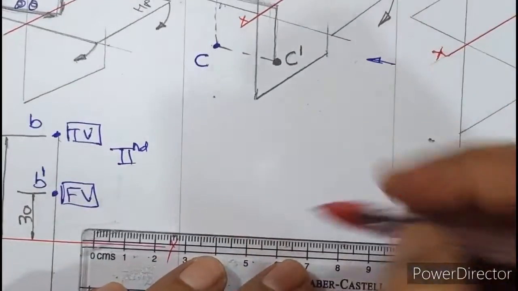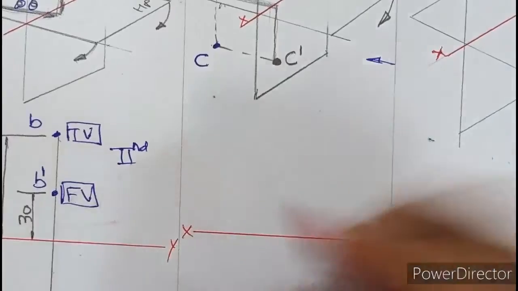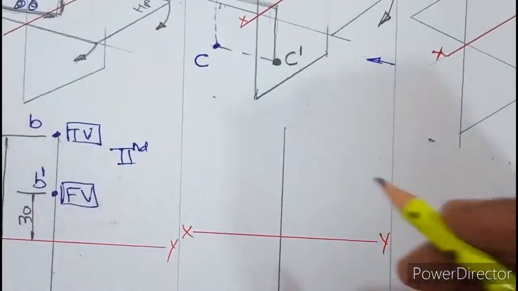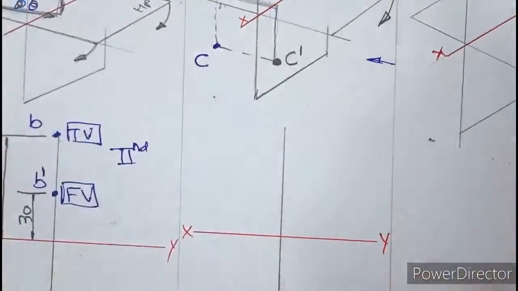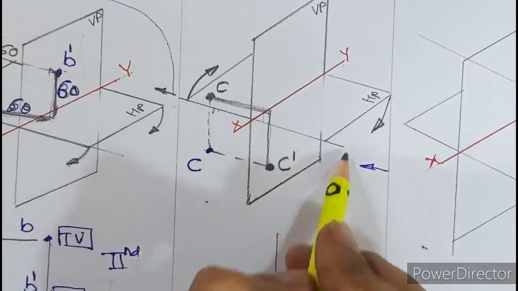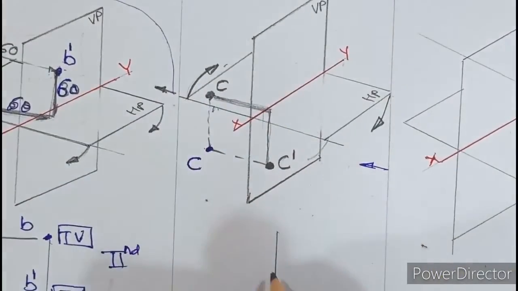So here I will draw a medium dark xy line. I will draw a light projector. Now as per the diagram, the top view C, when you turn HP down, will go up. So this top view C has to move above. So I'll mark a point and always write C on the left and above.